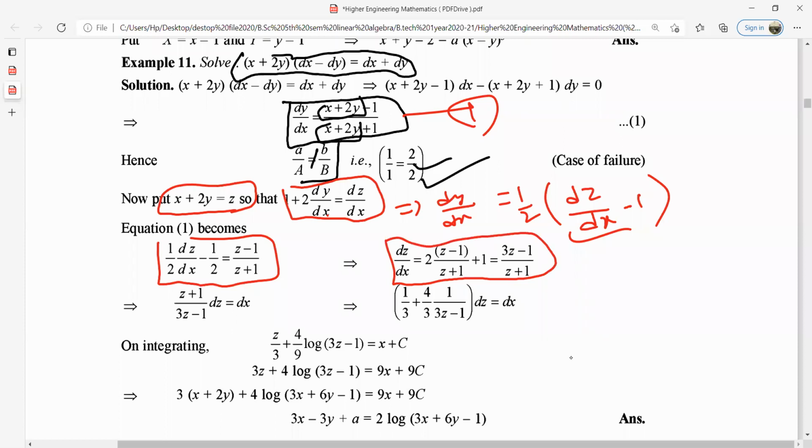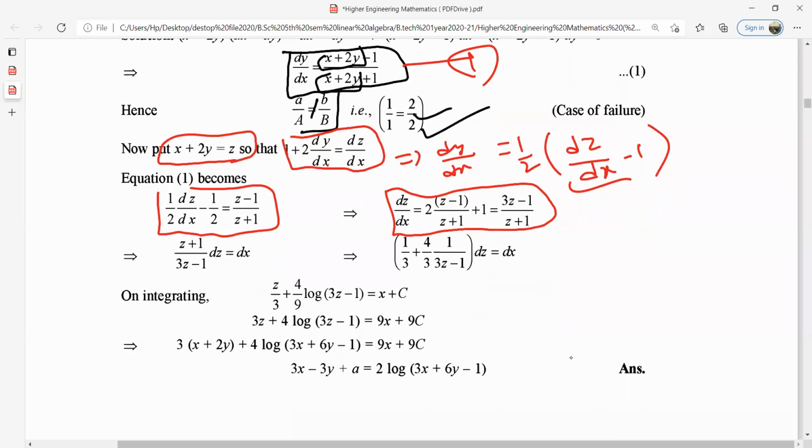So the given differential equation is converted into dependent variable z and independent variable x. After that, separate z on one side and x on the other side. After that, you see the given differential equation in this manner: here is only a function of z and here is only a function of x.